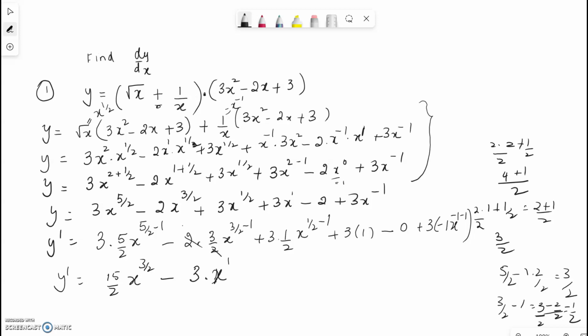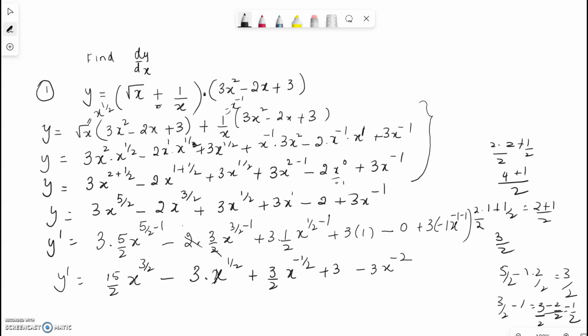So that's x to the 1/2, plus 3 over 2, 3 times half is 3/2, x to the -1/2, plus 3, and we have minus 3x to the -2.